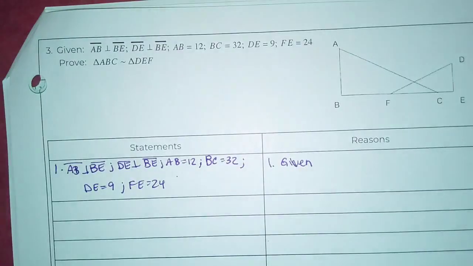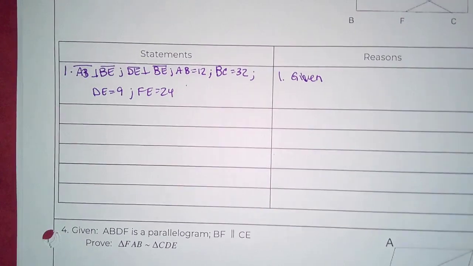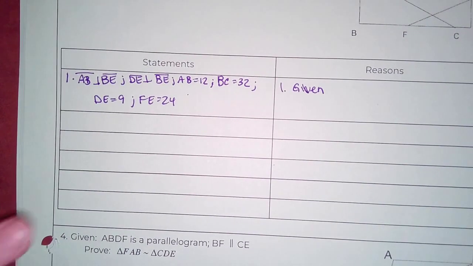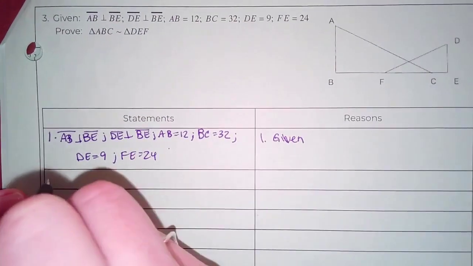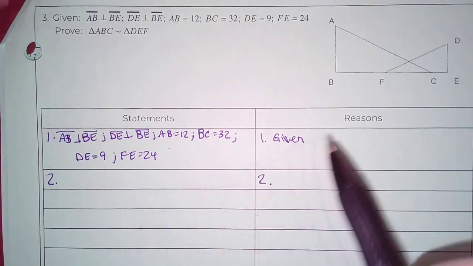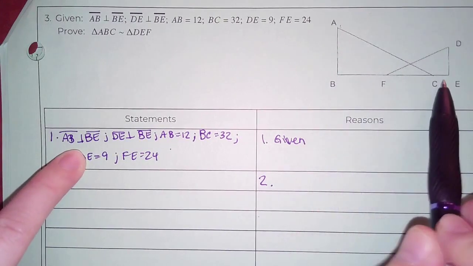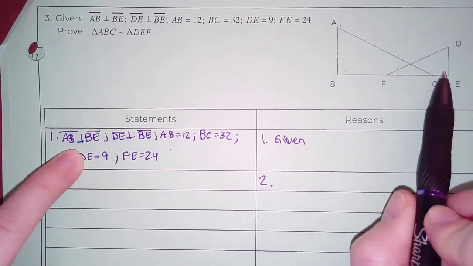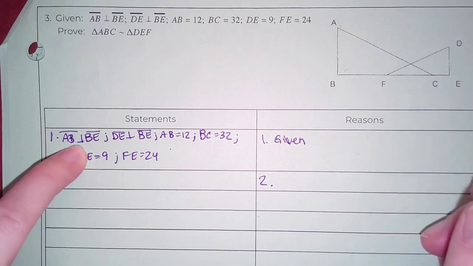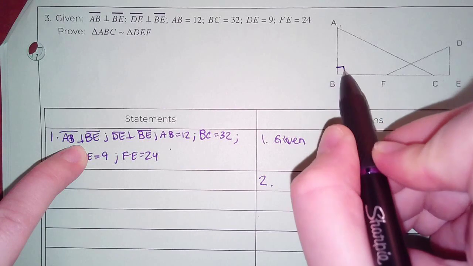Go to the next slide. You've already written that given. So let's go ahead and read through that given together. It says AB is parallel to BE. So AB is here, BE is here. And I said parallel, but I meant perpendicular. So we're going to create a right angle here.